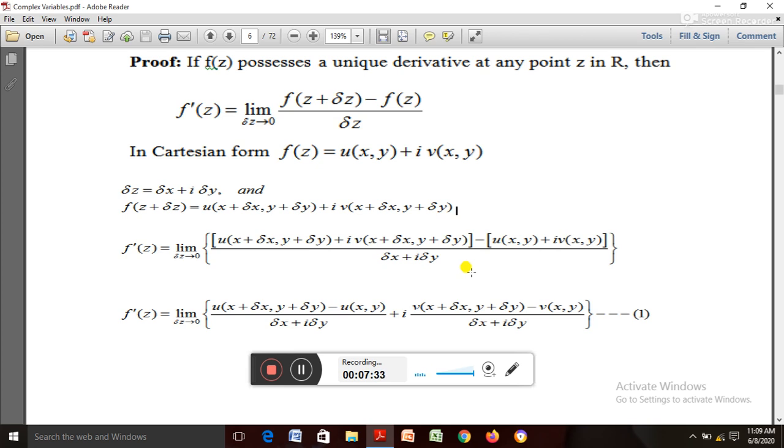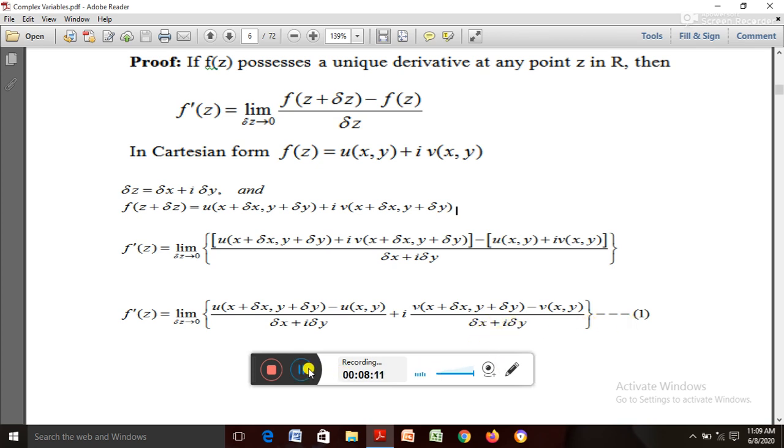Next step is we have to separate the real and imaginary parts. Separating the real and imaginary parts, we get f dash of z is equal to limit of delta z tends to 0 of u of x plus delta x comma y plus delta y minus u of x comma y, plus i times, the imaginary part being the coefficient of i, phi of x plus delta x comma y plus delta y minus phi of x y, all divided by delta x plus i into delta y.